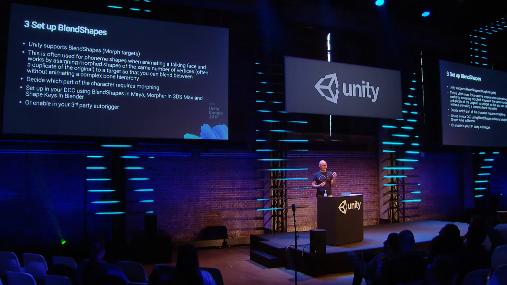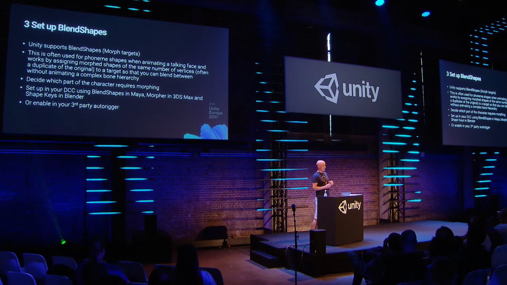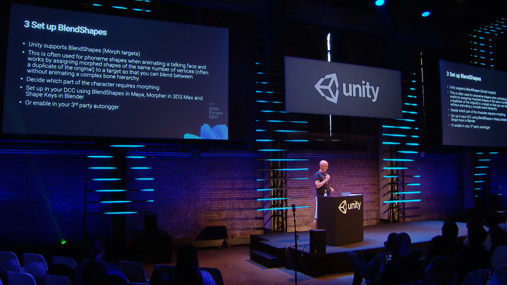But if you want to do something like facial rigs and animating morph shapes, anything that can involve merging of lots of different target meshes into one thing. So phonemes is a common use case for blend shapes, where you generate a character in lots of different mouth shapes, and then you bring those phoneme shapes into Unity, and you can actually animate your character talking in Unity with a load of sliders. It's quite an exciting thing to do.